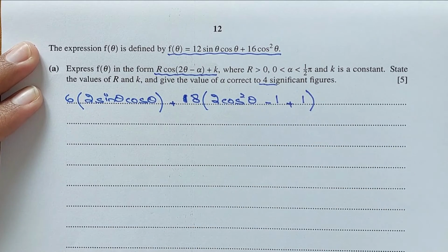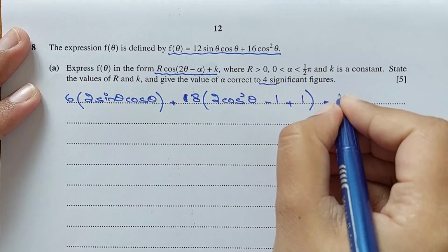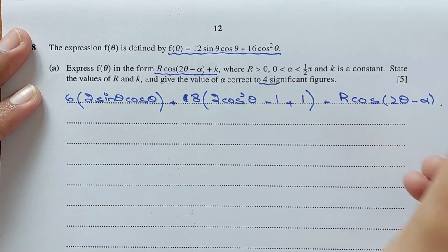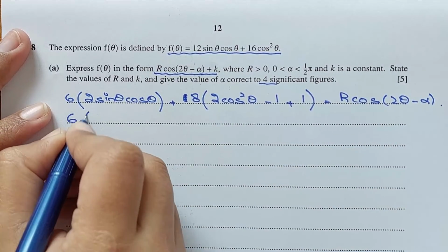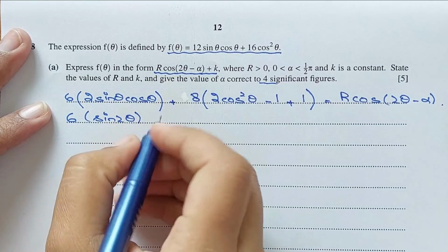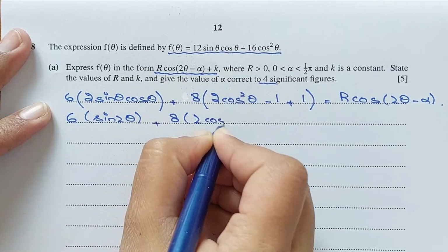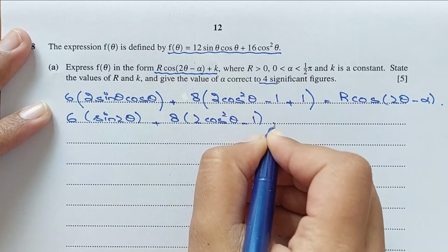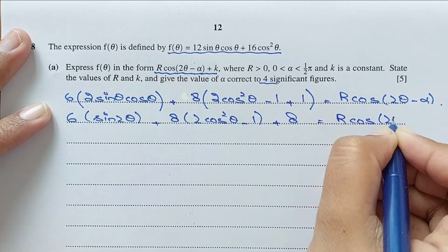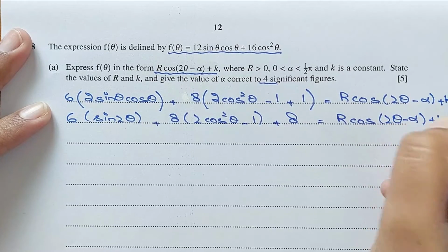Okay, so 2 cos square theta minus 1 is cos 2 theta, and this would be equal to r cos(2θ minus alpha). 6, this is sine 2 theta, plus 8, this is 2 cos square theta minus 1, and plus 8 times 1 is 8, this is equal to r cos(2θ minus alpha) plus k as well. I forgot to put plus k.